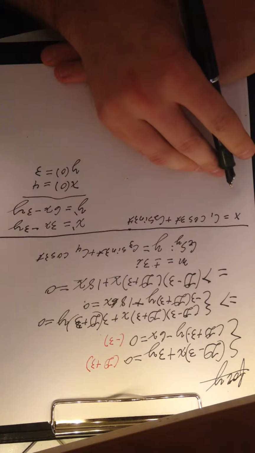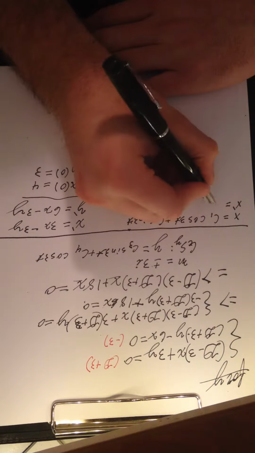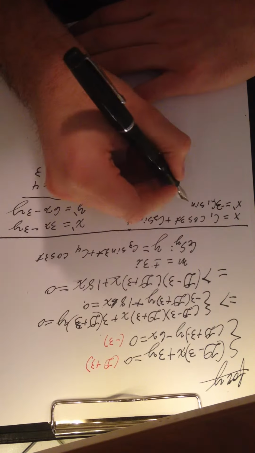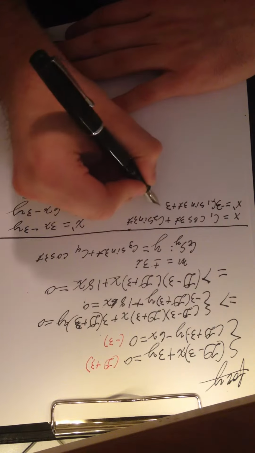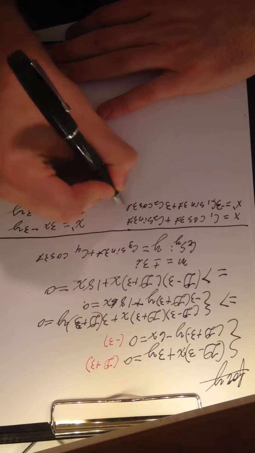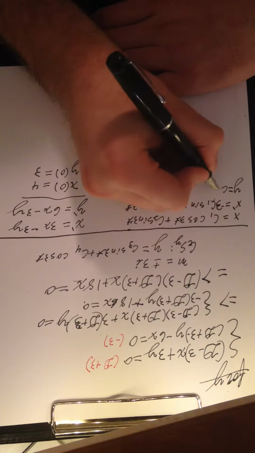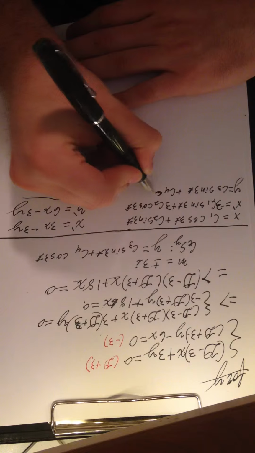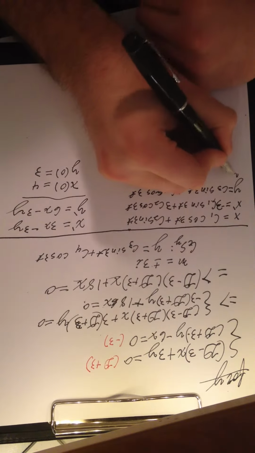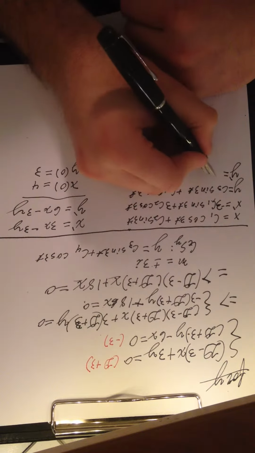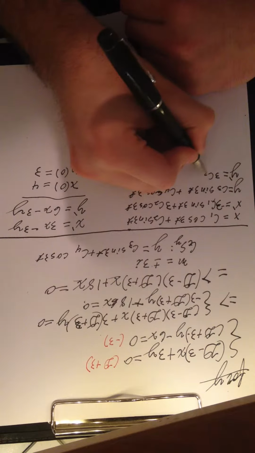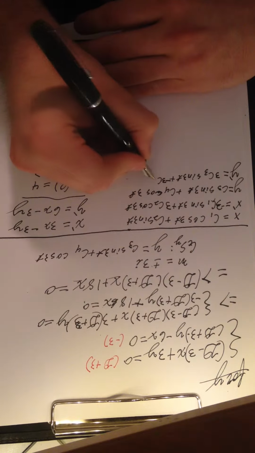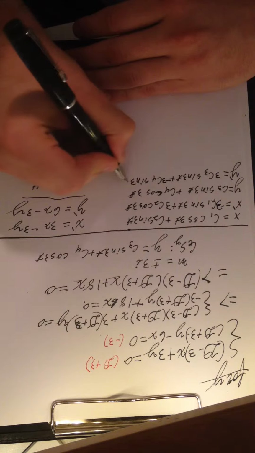Taking the derivative of this, we can see that x prime is going to be equal to negative 3c1 sine of 3t plus 3c2 cosine of 3t, and our y, we know, is c3 sine of 3t plus c4 cosine of 3t, and taking the derivative of that to find y prime, we can say that y prime is equal to 3 times c3 cosine of 3t plus negative 3 c4 sine of 3t.